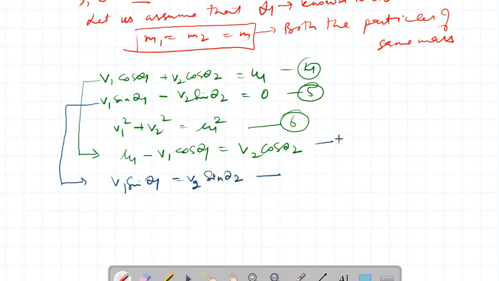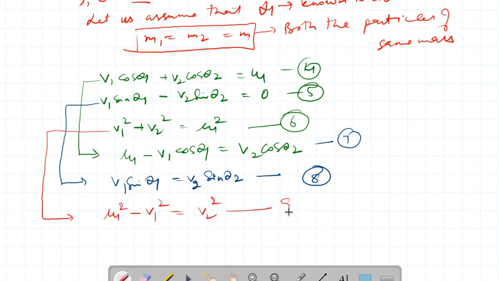Let me call it as equation number 7, this as equation number 8, and from here I can write down that u1 square minus v1 square is equal to v2 square. Let us call this as equation number 9.